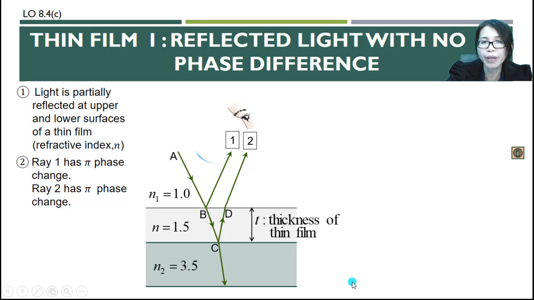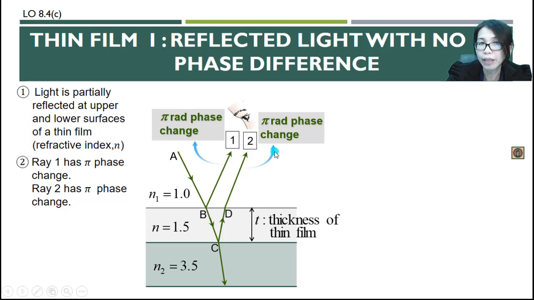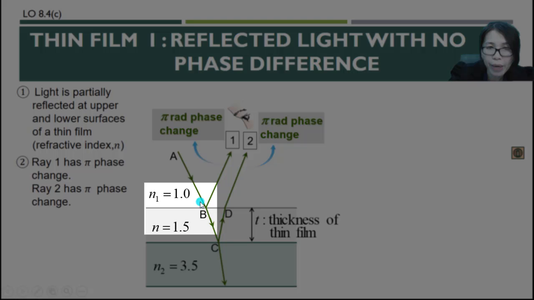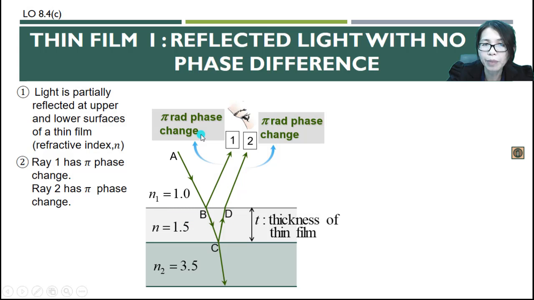Ray 2 will also experience a pi phase change. Let us check whether it is correct or not. So observe, ray 1 is reflected here. It is reflected when the ray travels from a less dense to a denser medium. So it experiences a pi phase change.